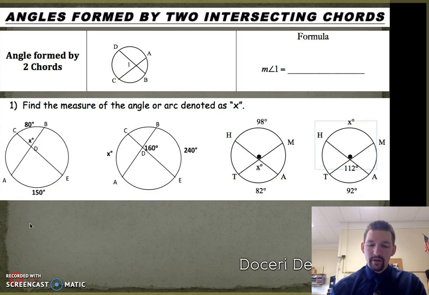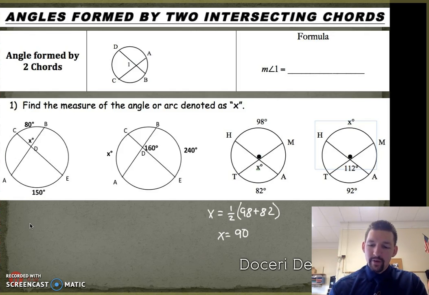Okay, so looking at the next one, you'd set up the equation that our angle X equals 1/2 98 plus 82. And when you finish solving that, you'll get X equals 90.